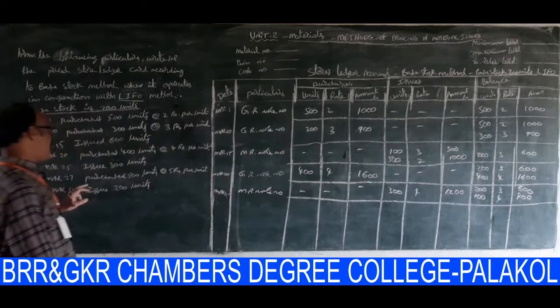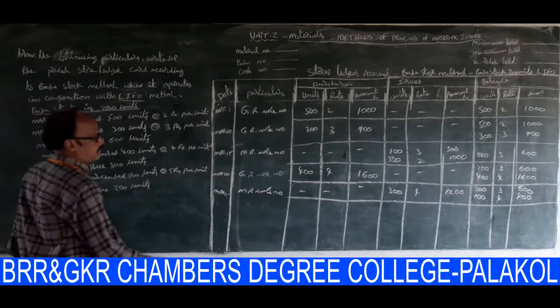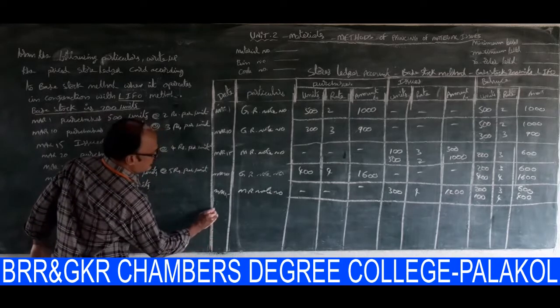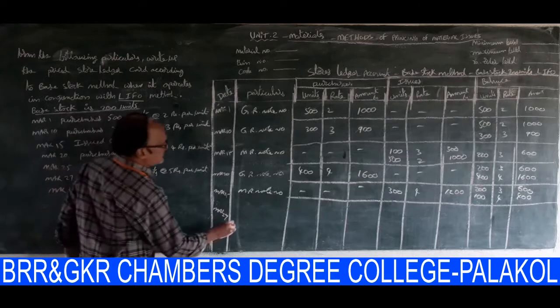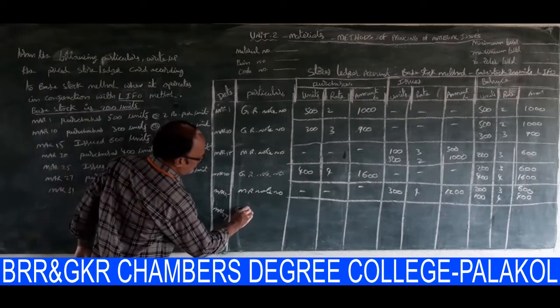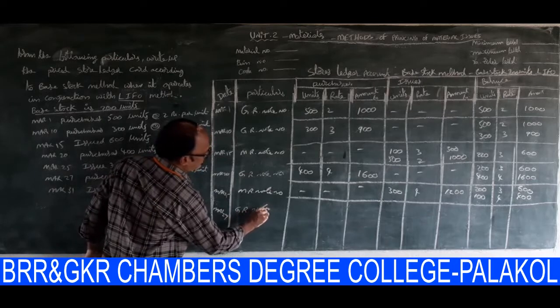Next, March 27th, purchased 500 units at the rate of 5 per unit. So, March 27th, GR note number.